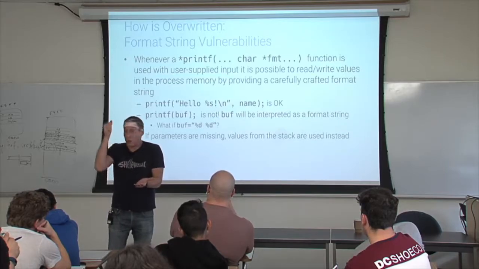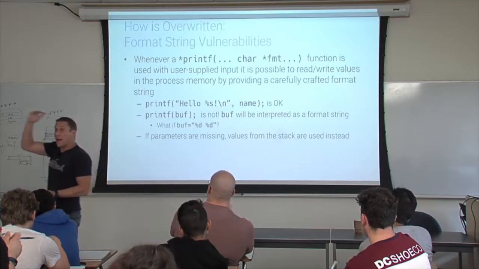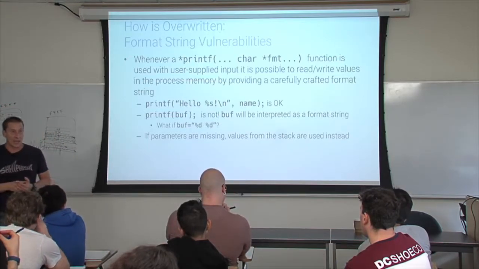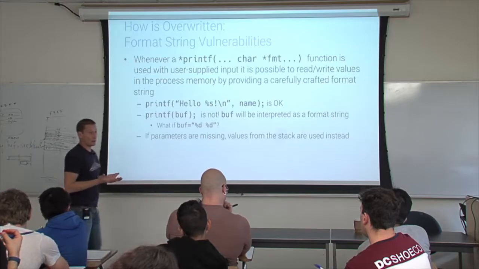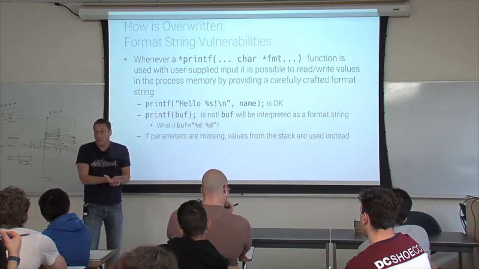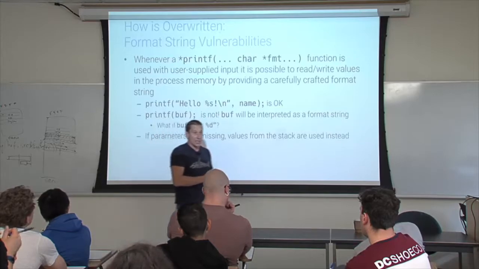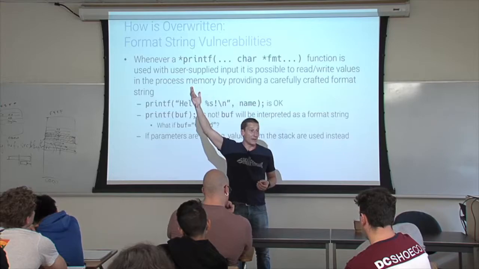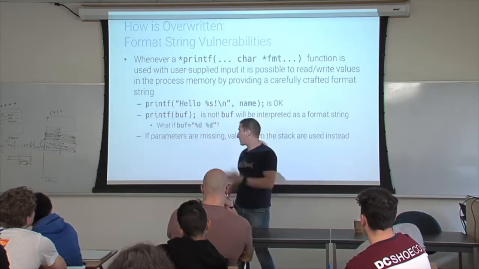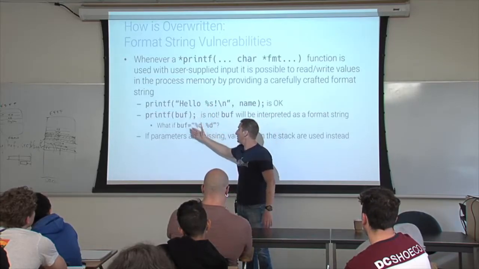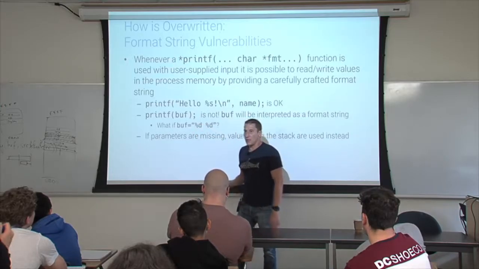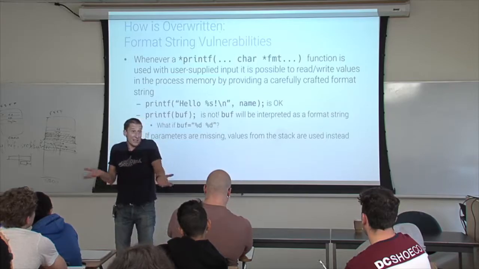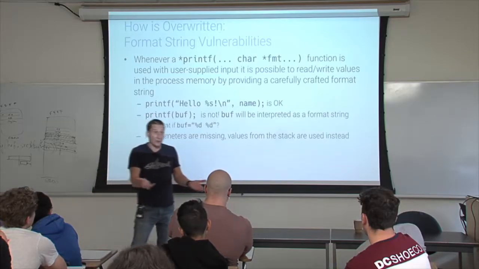I'm sure the guy that called me put 3 values on the stack that are going to pop up and print. But those parameters are not there, and the callee doesn't know that they're not there. It's just going to go on the stack, get 3 values, and print them on the screen. Try it, it's very simple: just do a printf of buff with %d, %d. It's not going to tell you, oh no, I don't have those values. It's going to say, hey, found stuff on the stack, here it is, and I print it.